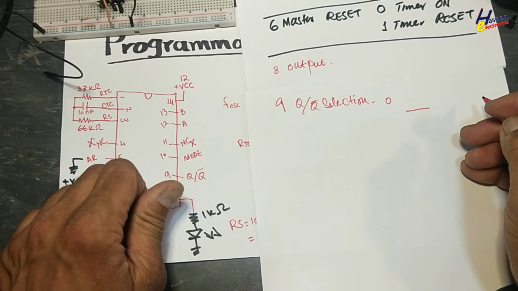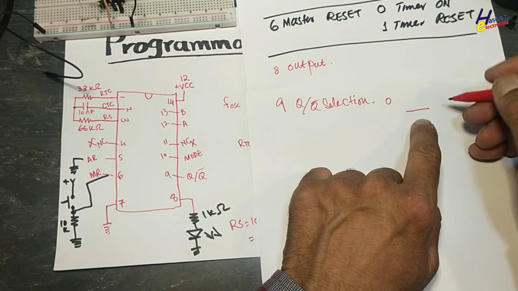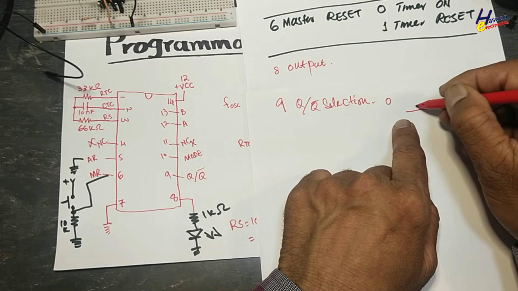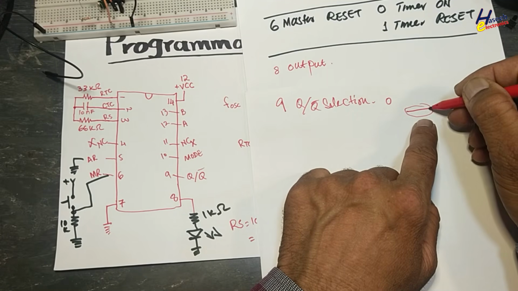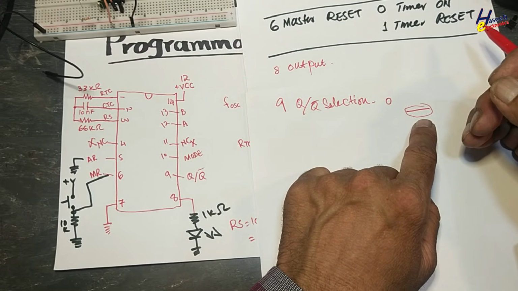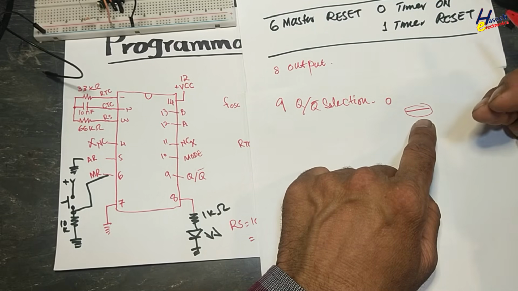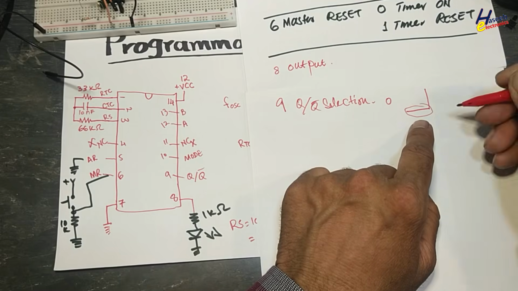When we press the reset button, all counters will reset and the output stage will also be low. Then after operation, after counting a number of pulses, let's suppose I selected this IC to operate at 256, after 256 pulses its output will go high.